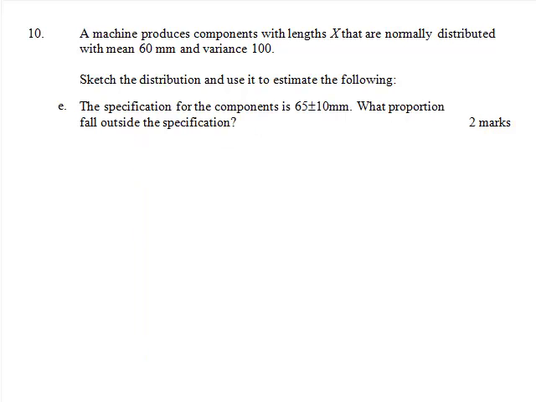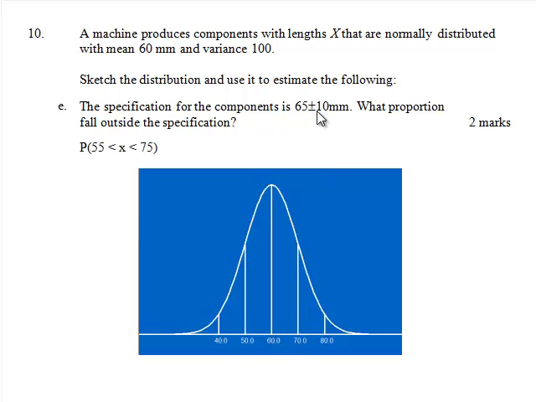Part E. Specification is 65 plus or minus 10 mil. What proportion of the production will fall outside the specification? 65 plus or minus 10 means that we're going to go from 55 to 75. So we're going to get slightly more than half of 34% from that region. We're going to get 34% from that region, and we're going to get slightly more than half of 14% from that region.